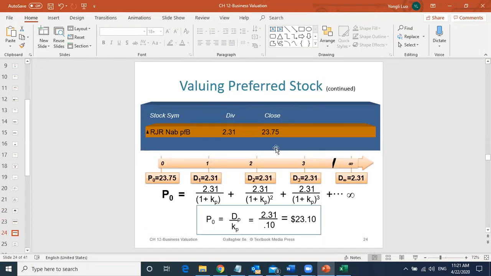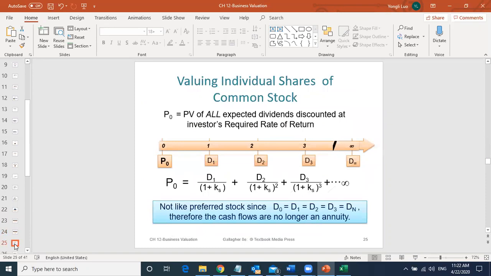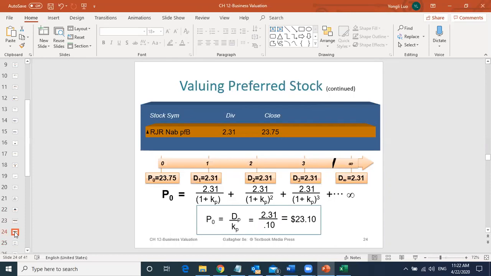For the preferred stock, if the required rate of return is 10%, the price of the preferred stock will be the dividend divided by the required rate of return, which easily gives $23.10. What that means is you can consider preferred stock as a perpetuity, so you can use the dividend divided by the required rate of return.